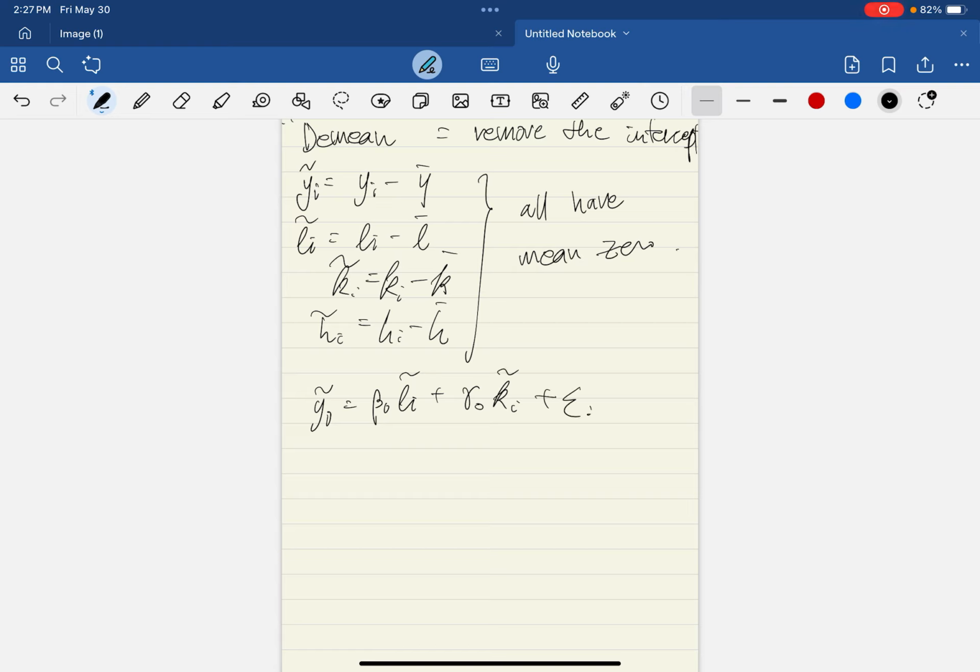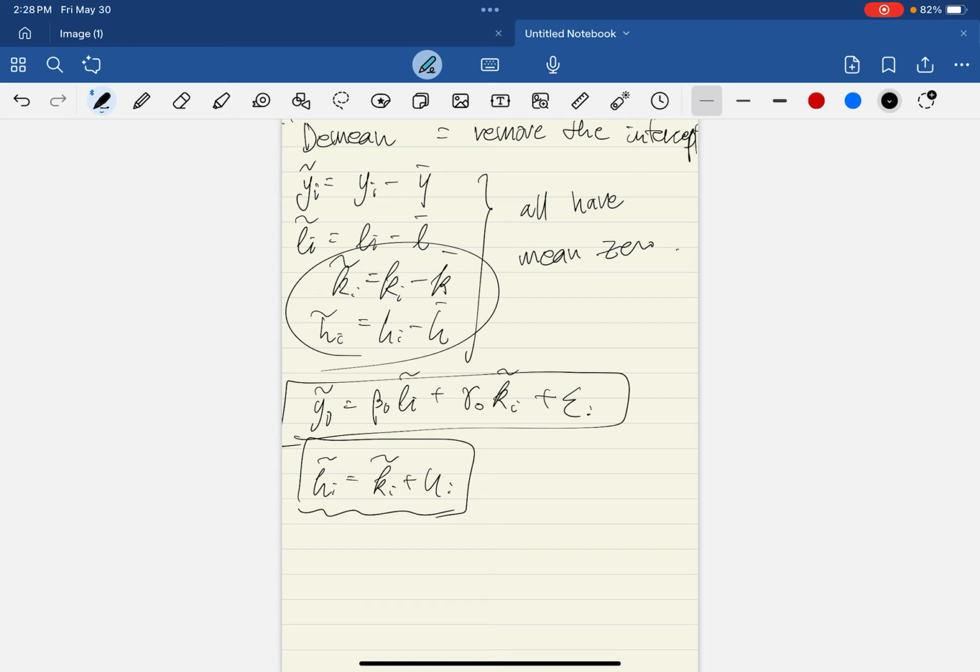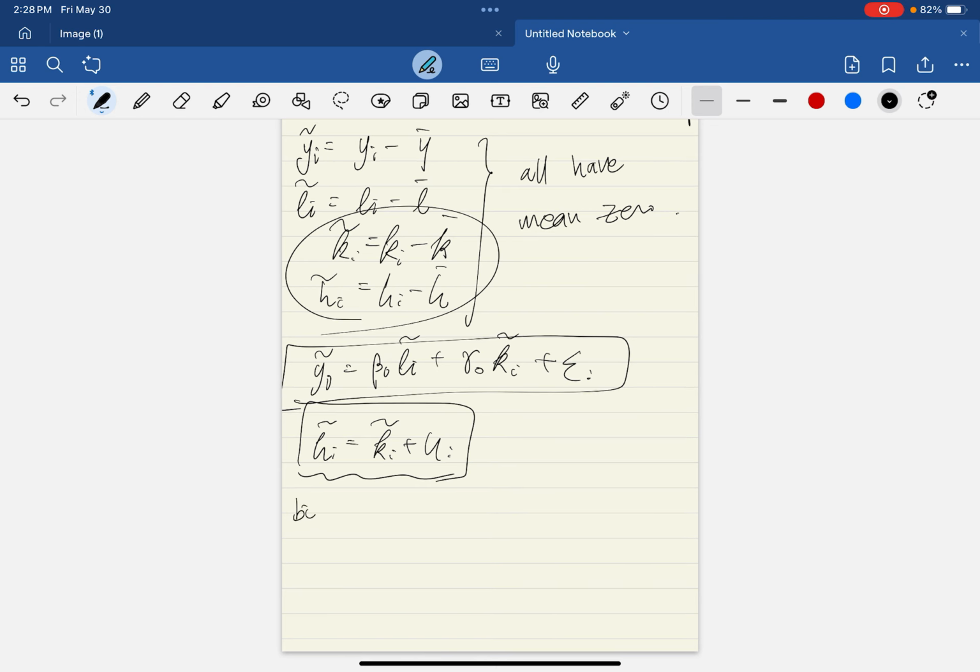Okay. So using this relationship and these two relationships, you can derive the same thing we did earlier. So the bias will be the expectation of x_i tilde, which is the demeaned variables, x_i tilde transpose inverse, and the expectation of x_i tilde and y tilde.